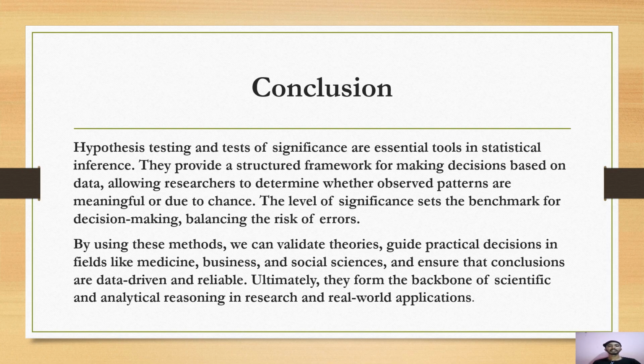By using these methods, we can validate theories, guide practical decisions in fields like medicine, business, and social sciences, and ensure that conclusions are data driven and reliable. Ultimately, they form the backbone of science and analytical reasoning in research and real world applications.